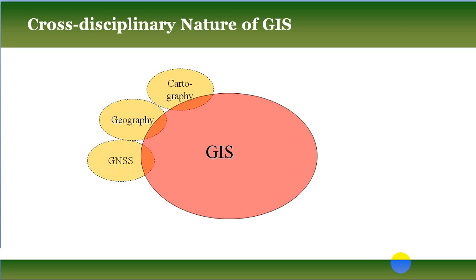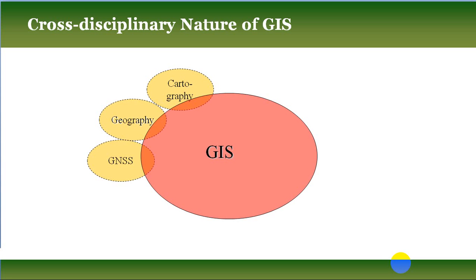Then comes GNSS, which was formerly called GPS. Almost all of you know that in your smartphone nowadays GPS is enabled. So the current terminology we use is global navigation satellite system. Let's repeat, global navigation satellite system, which was formerly called GPS, global positioning system.